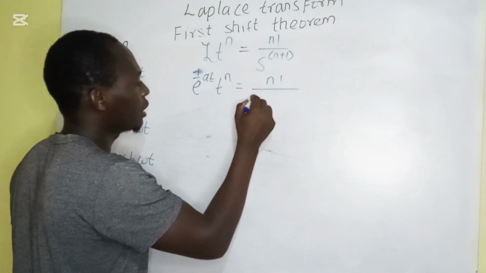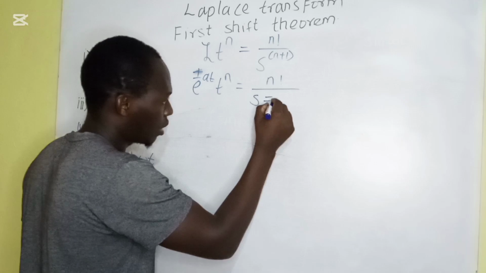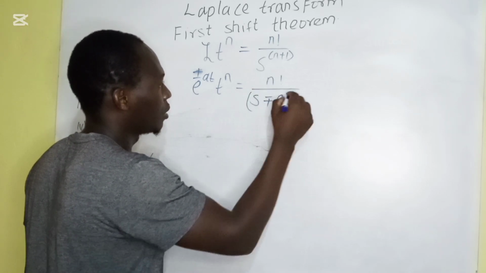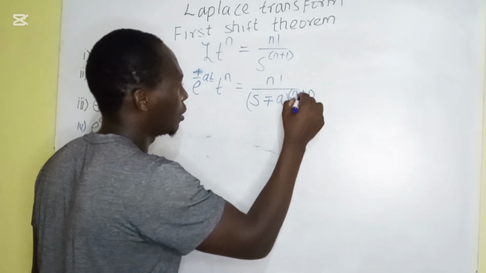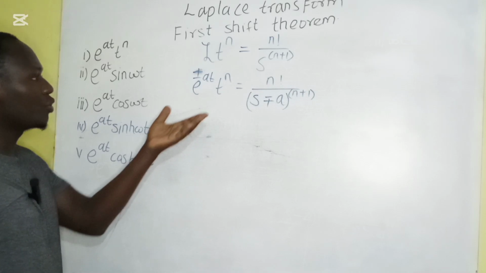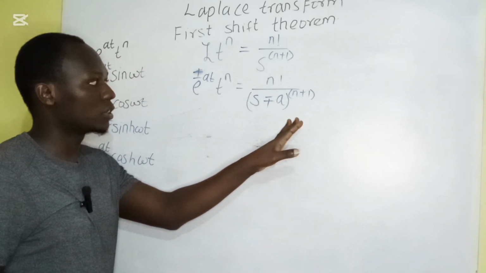On our denominator we are going to have s, a negative or a positive of a, everything raised to the power of n plus 1. To mean that when you've been given a function like this one, this is how you go about it.